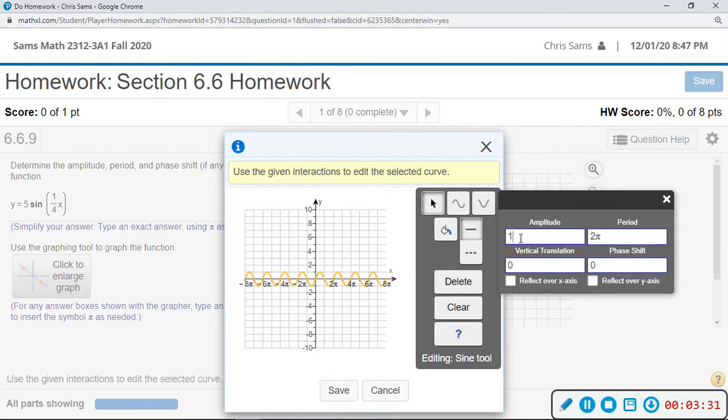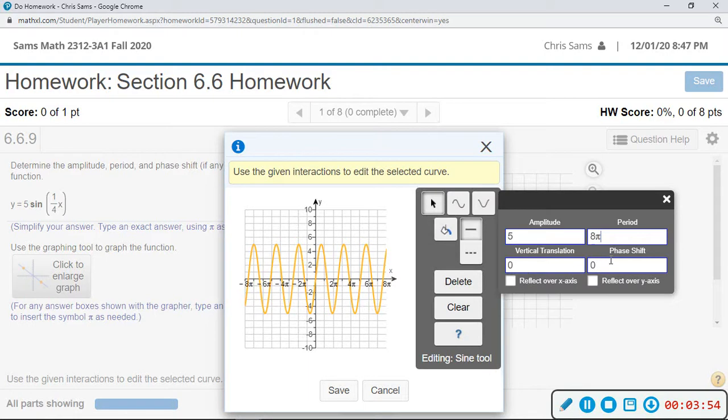Okay, so amplitude is 5. The period is 8 pi. Where's the pi at? There we go. Pi. If you delete that and type pi, it'll bring the pi back up.